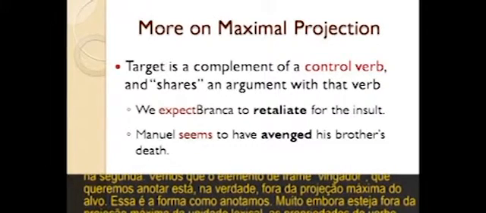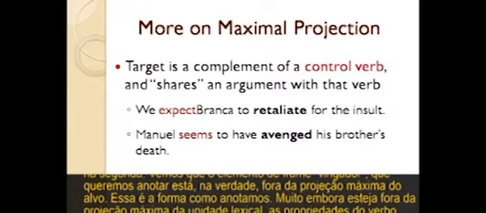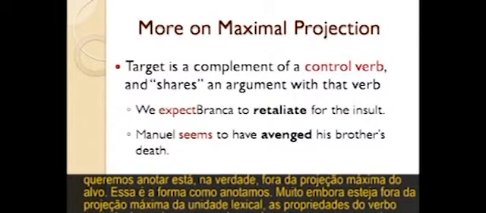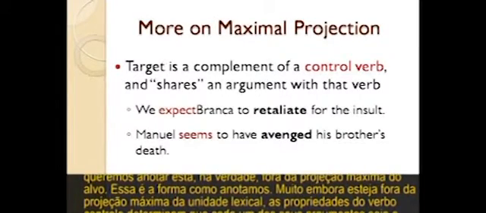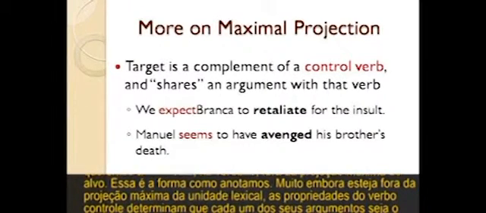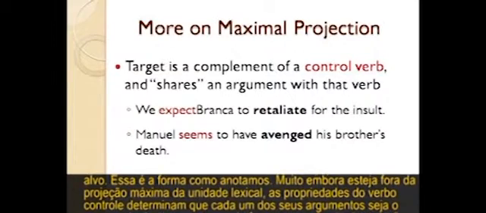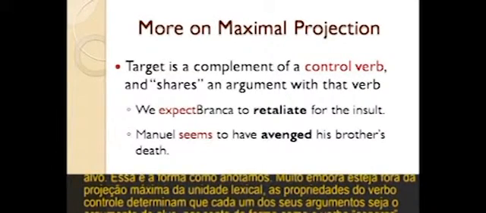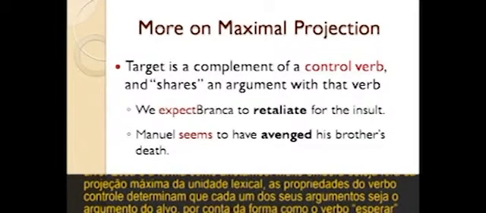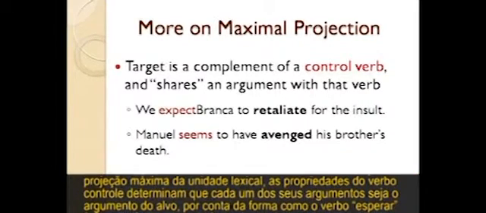And we see that the frame element Avenger, which we want to annotate, is actually outside the maximal projection of the target, right?